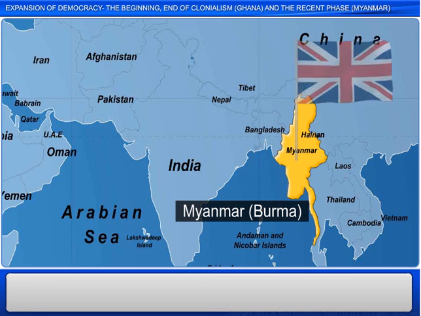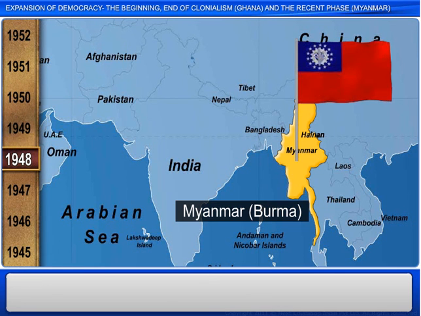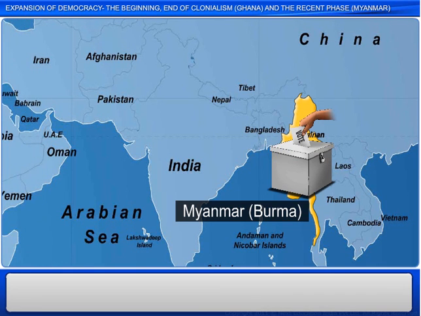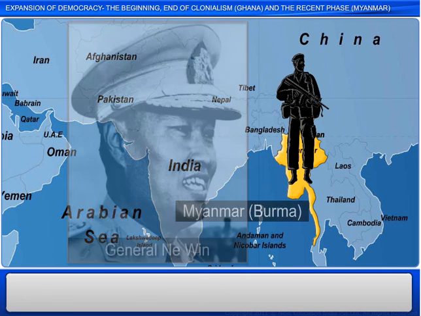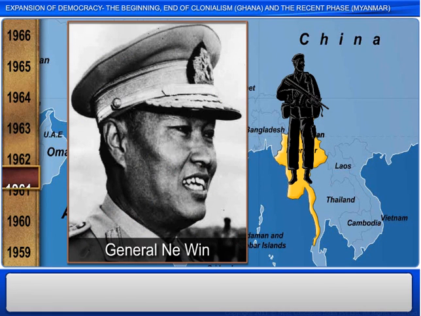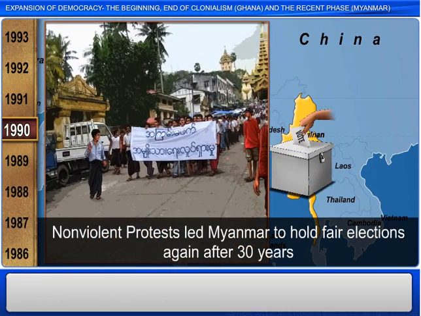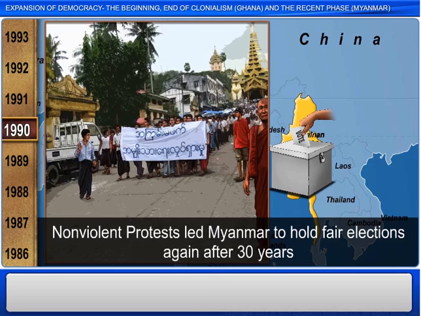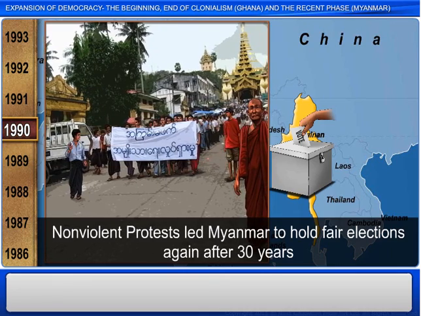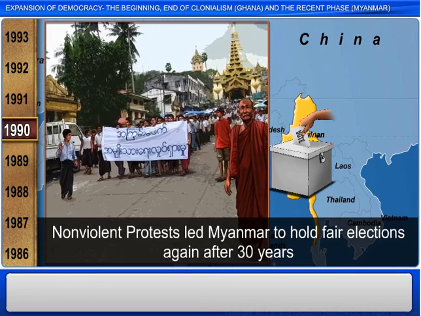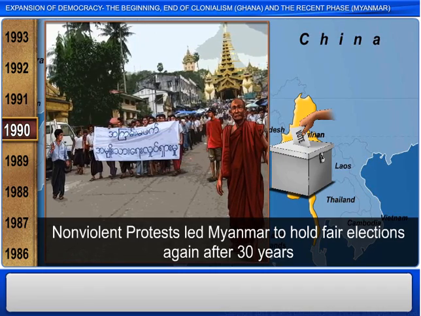It gained independence from Great Britain in 1948 and became a democracy. Democracy in Myanmar did not last very long, as the country was taken over in a military coup by General Ne Win in 1962. In 1990, the country made another democratic stride by holding free and fair elections after almost 30 years.